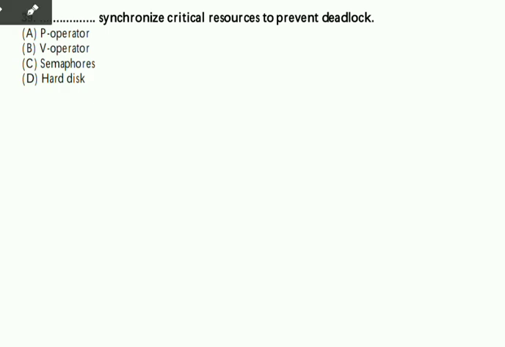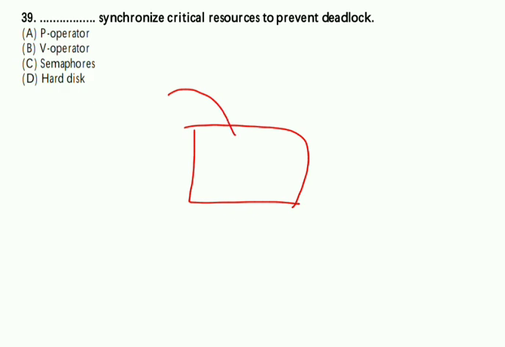Suppose there is a critical section and multiple processes want to access it. If all the processes access the critical section at a time, it will lead to synchronization problems, or it may also lead to deadlock.